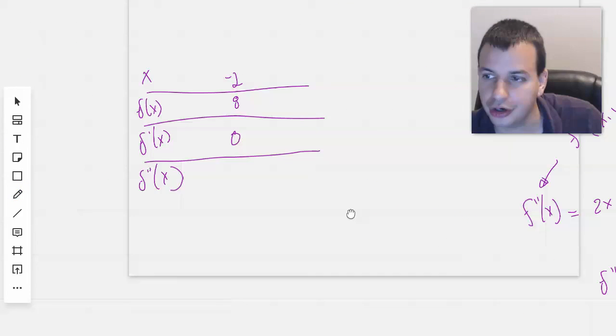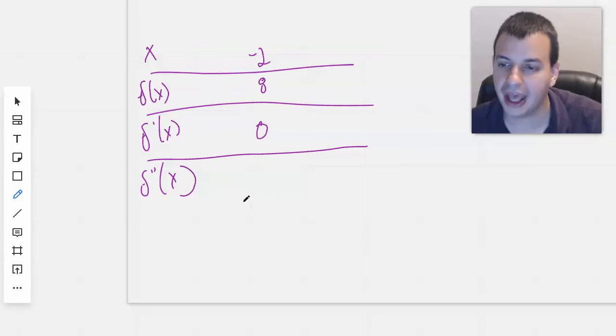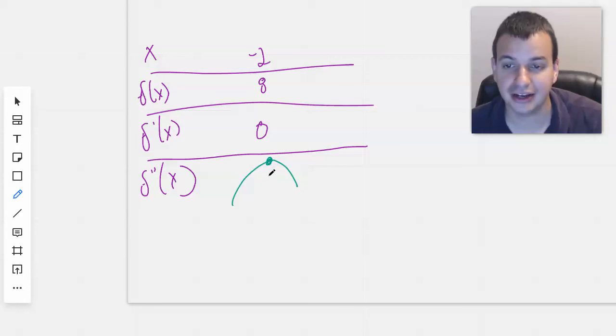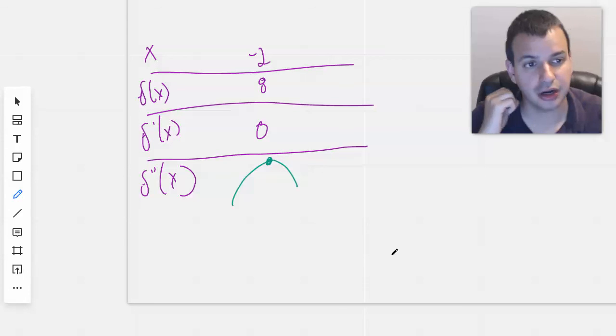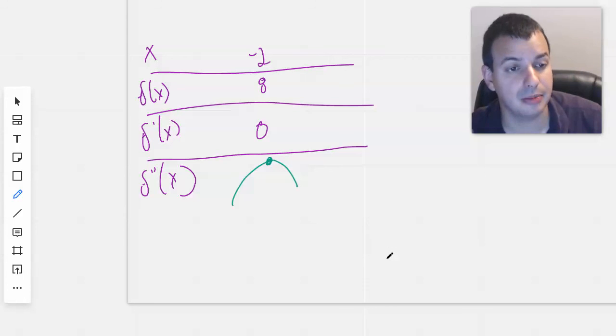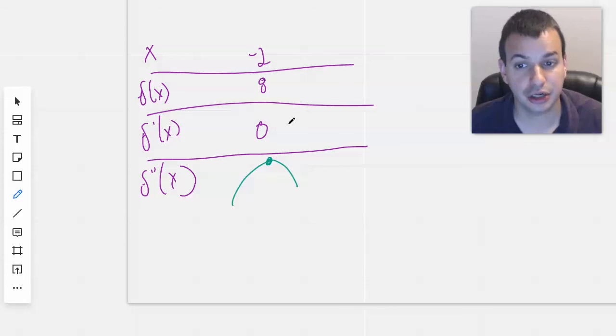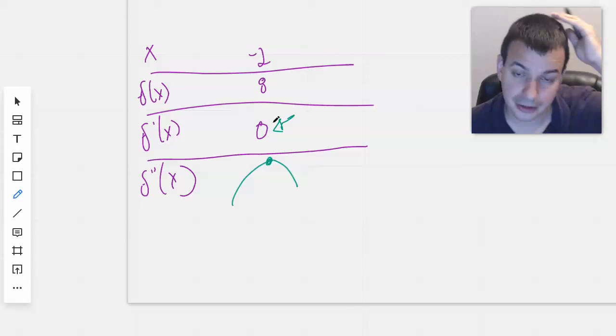And so when we go over to our sign chart, I would draw something like this. You have a negative concavity. So when they ask us, is this the minimum, maximum, or neither? We're like, okay, so we have (-2, 8), which is a critical point, a potential min or max.